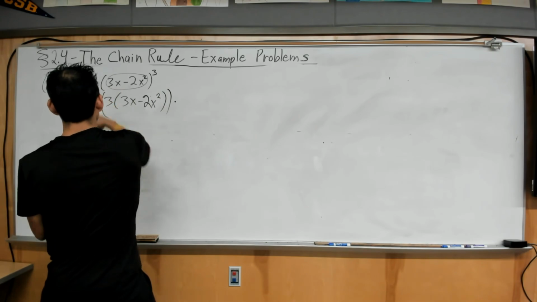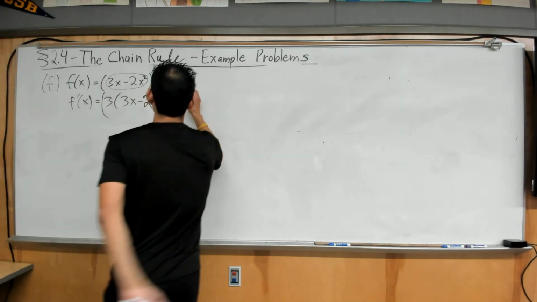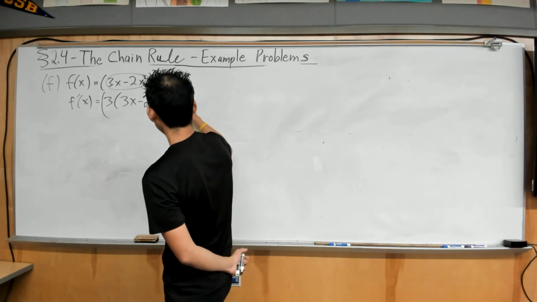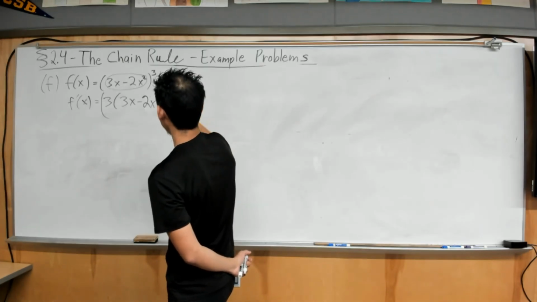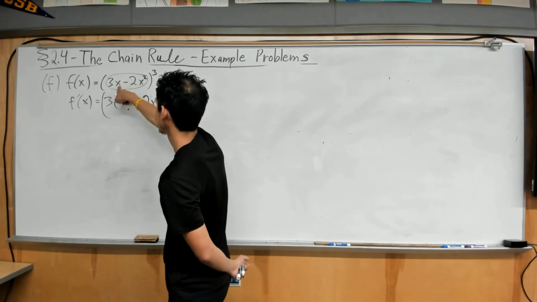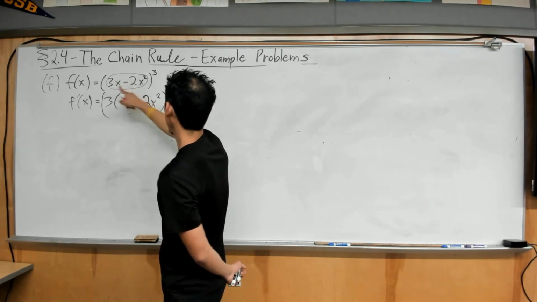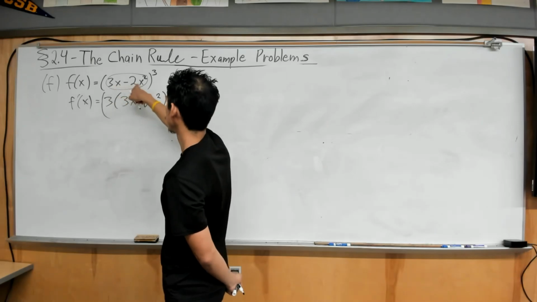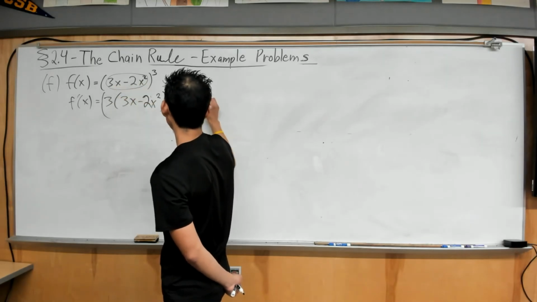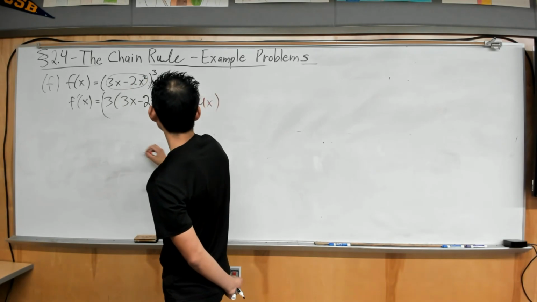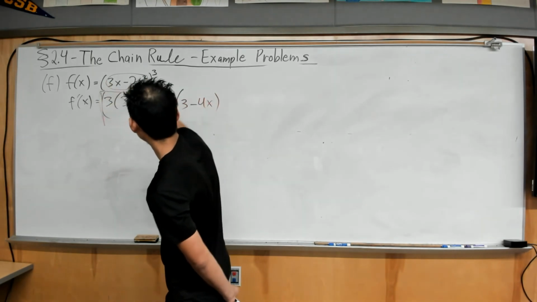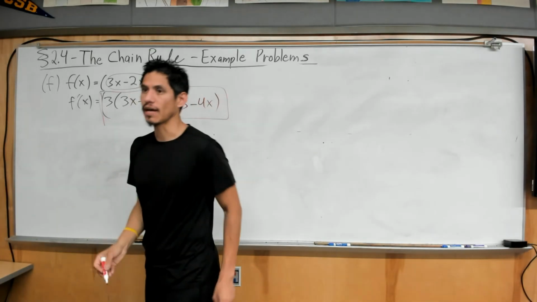Parentheses again, remember, I'm obsessed with parentheses. I would marry them if they liked me back. The derivative of 3x minus 2x squared is 3 minus 4x. And you know what? Just box it, and let's not waste time with the multiplying out.